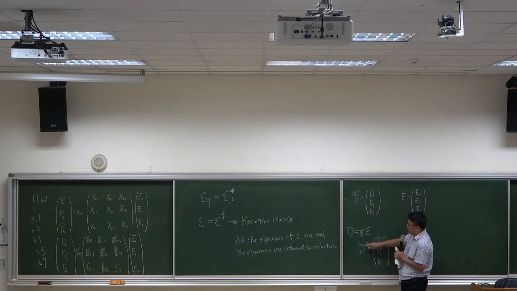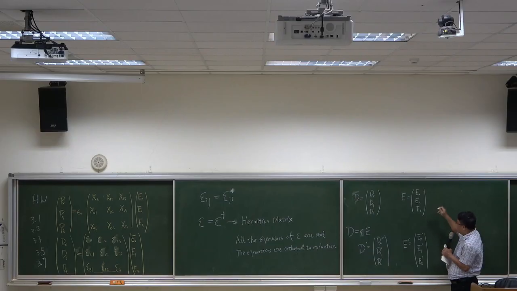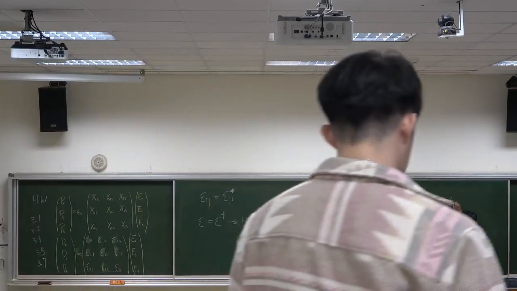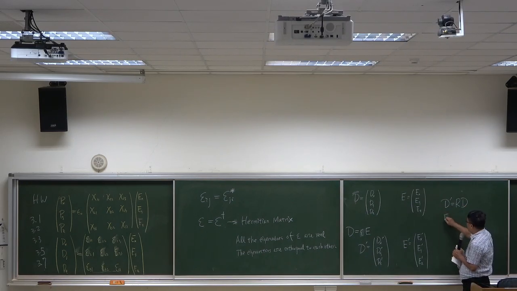The D and the D prime, or E and E prime, are related by this relation. Here R is the rotation matrix.